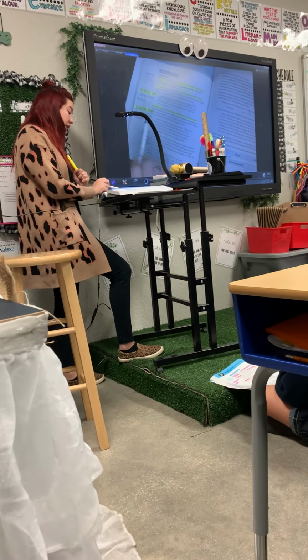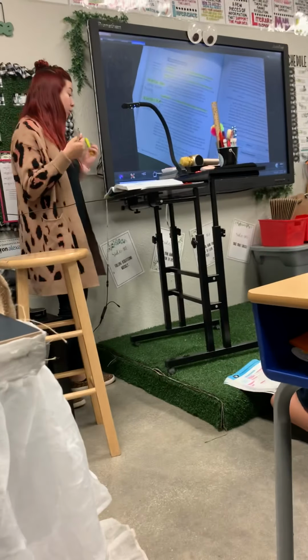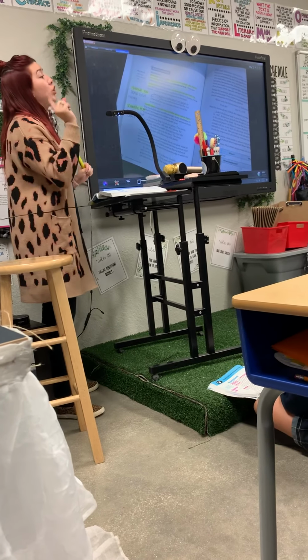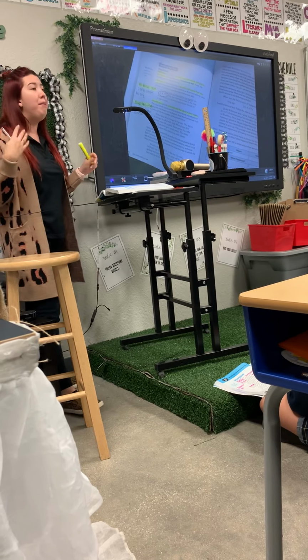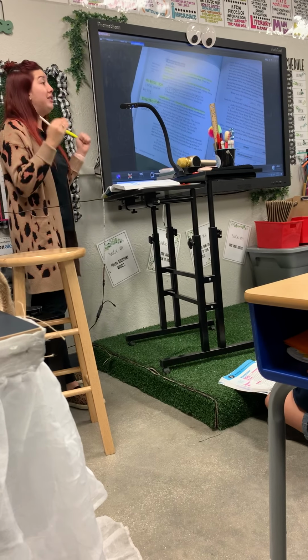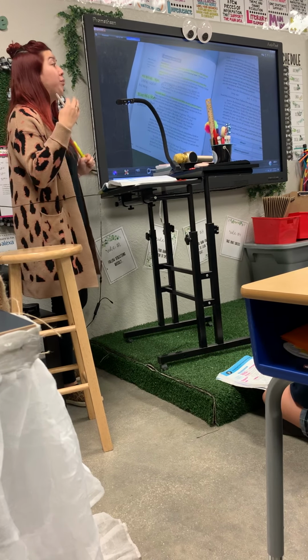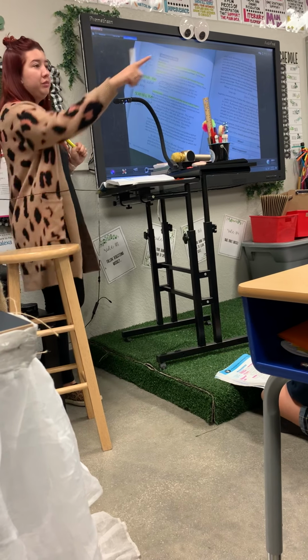So, scientific texts may include scientific terms, sometimes bold print, images, and diagrams, which brings me to a very important point. This week, we're also going to be reviewing text features, because in nonfiction text, a lot of the authors provide text features, right? What are some examples of text features? Captions.